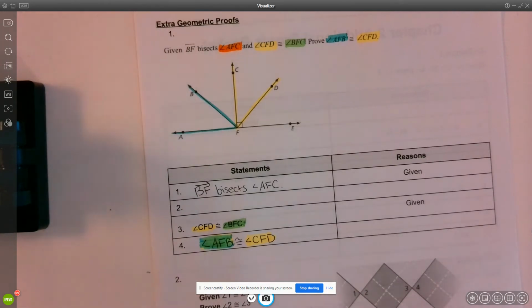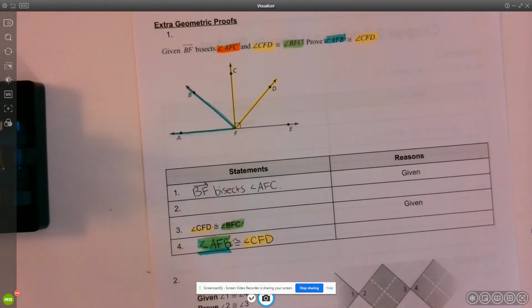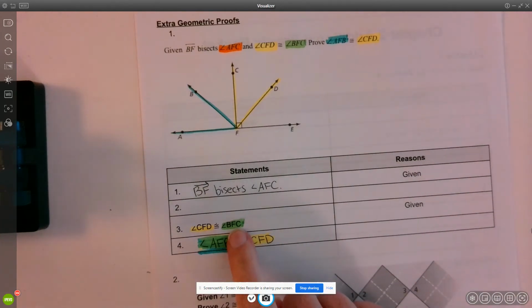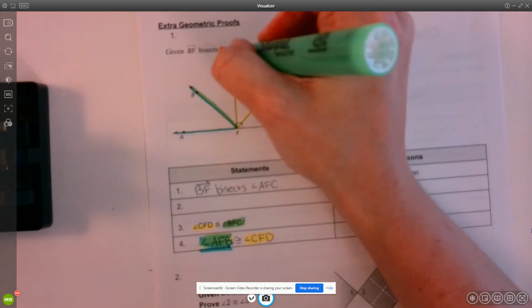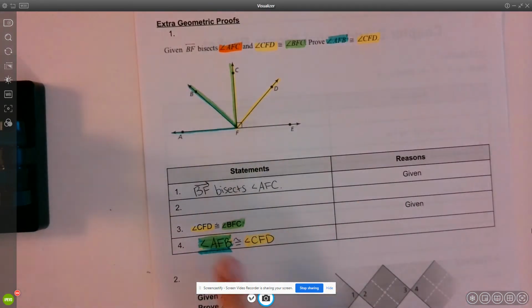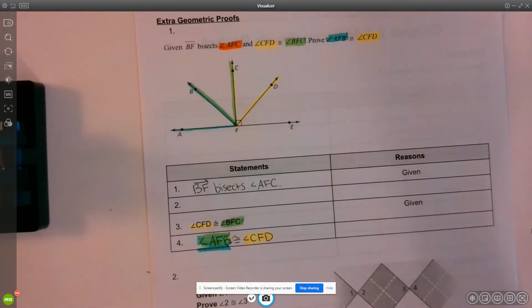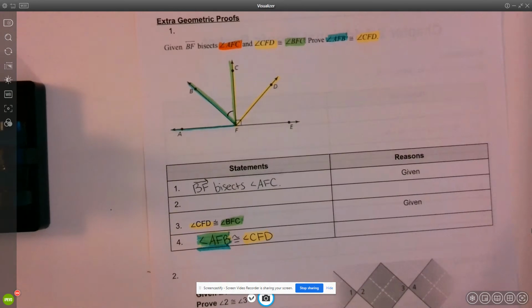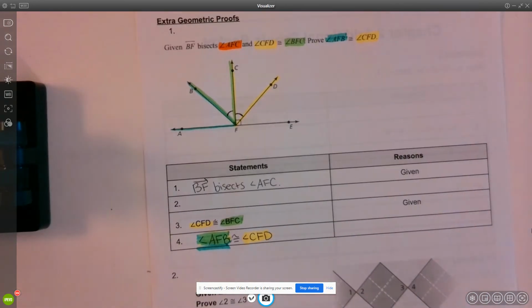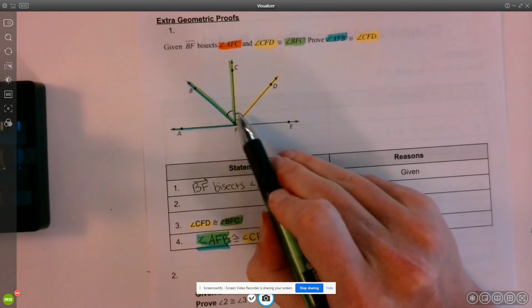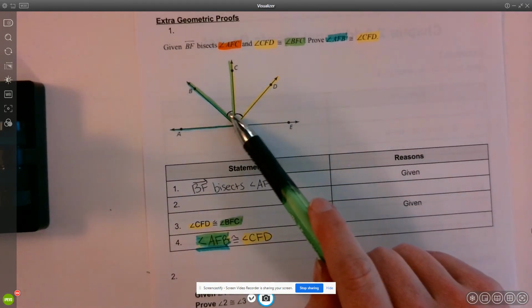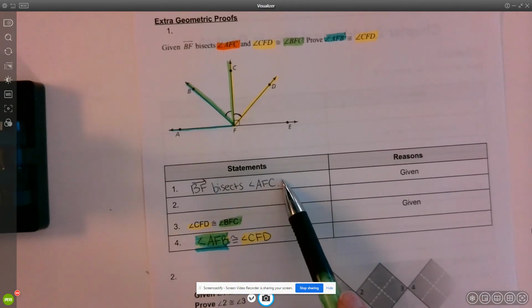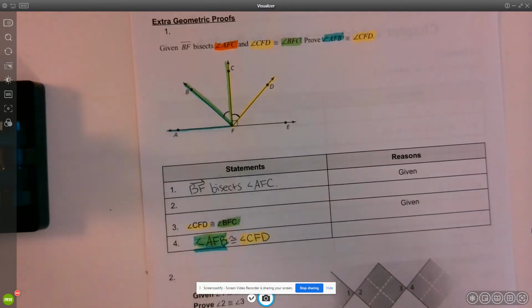In my picture, I'll find angle BFC. That's this one right here. They tell me that these two angles are congruent. To show angles are congruent in my picture, I can give them the same number of arcs. So if I give these each one arc, they're showing that they're congruent. My job is to figure out how I can use these angles and my given statement to help show that my turquoise and my yellow angle are congruent.